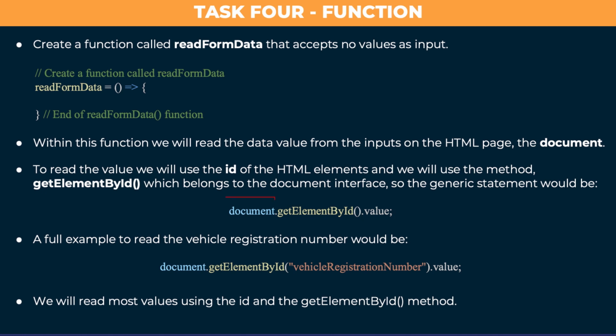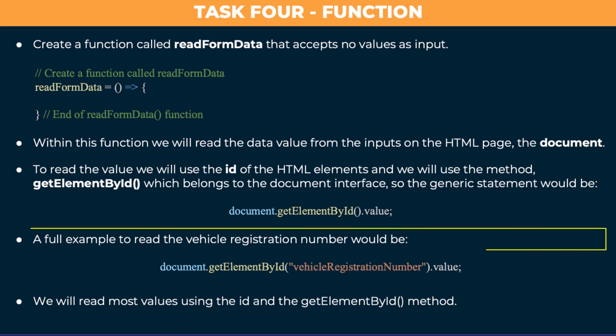So document says that's the web page. Dot get element by ID, it has open round bracket and close round bracket. That means it's a function. So it gets the element by the ID, and then it takes the value from that.